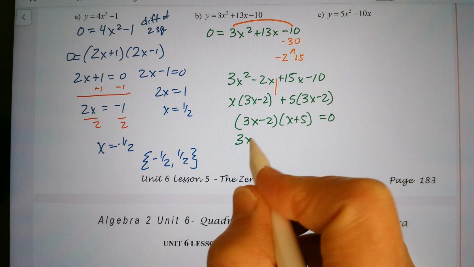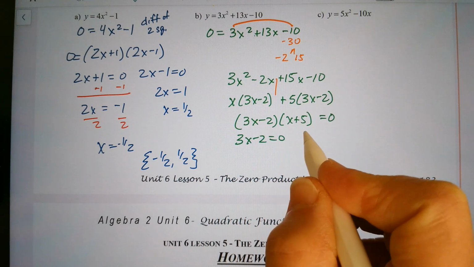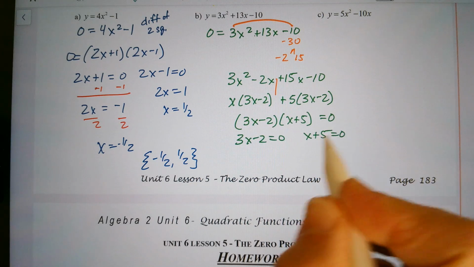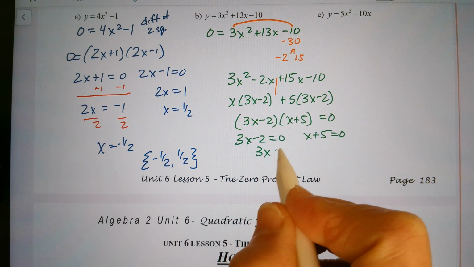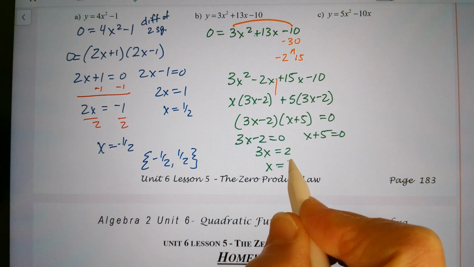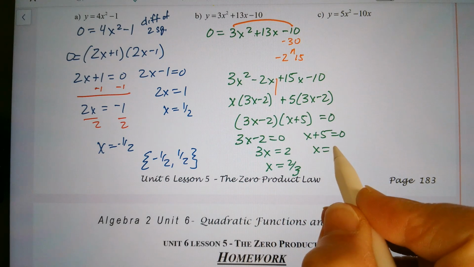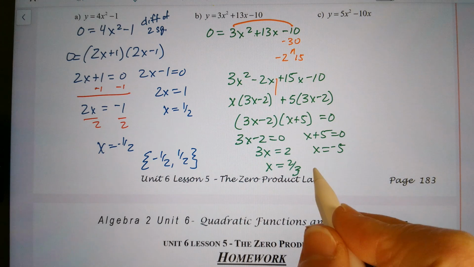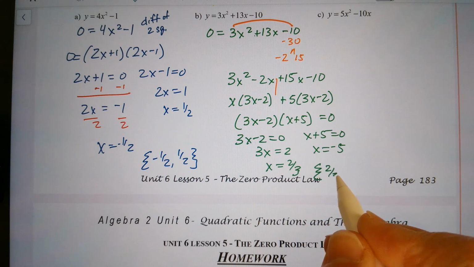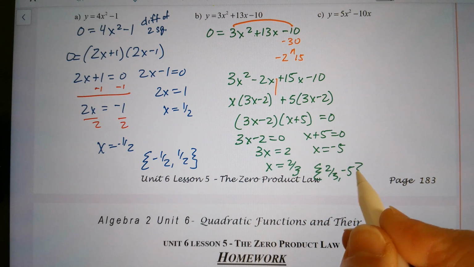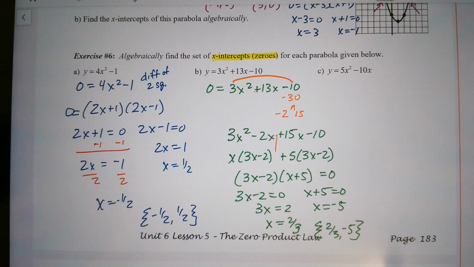Set each factor equal to 0 and solve individually. Adding 2, dividing by 3. Subtracting 5. So we have 2/3 and negative 5 as x-intercepts, also known as zeros.